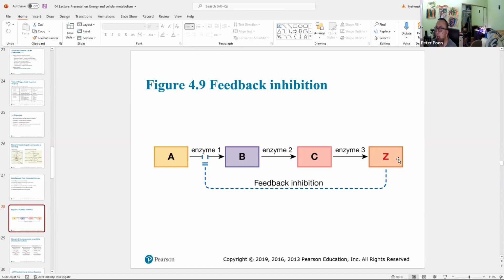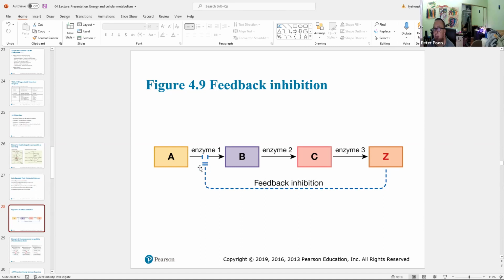So if you don't want to make more of Z, then you don't really want B and C either, because those are just intermediates that will lead to Z. So what you want to do is inhibit this whole pathway from working at all, and the best way to do that is to have Z feed back on A. If you have enough of Z, it will block enzyme 1 from working.